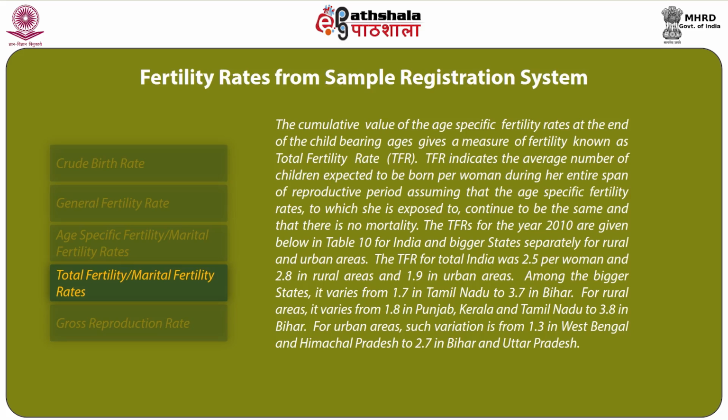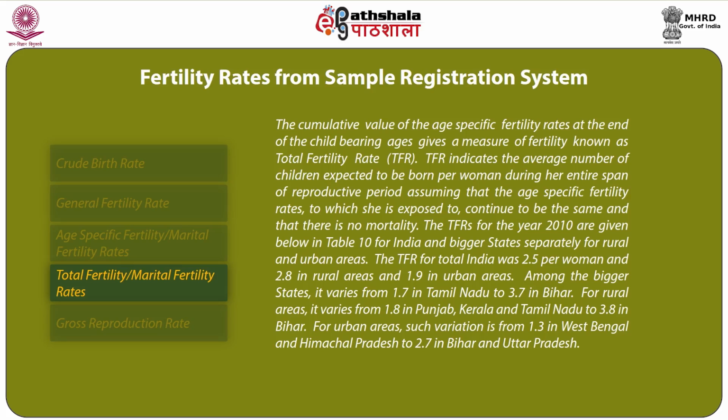The TFR for total India was 2.5 per woman, and residence-wise data shows that it is relatively higher for rural areas at 2.8, and lower in urban areas, at 1.9.